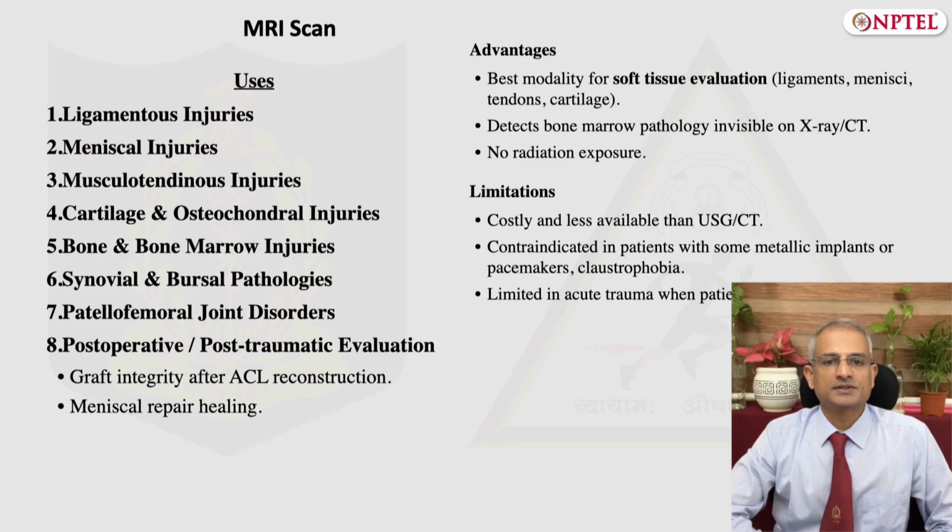Its key uses are in diagnosing almost all sorts of soft tissue injuries of the knee, which includes ligament injuries like ACL, PCL, MCL, LCL tears. It can tell the clinician the exact site and extent of tears or degeneration in the meniscus. It can detect cartilage defects, as in osteochondral injuries. It can easily pick up bone marrow contusions and occult fractures, which cannot be seen on an X-ray or even a CT.